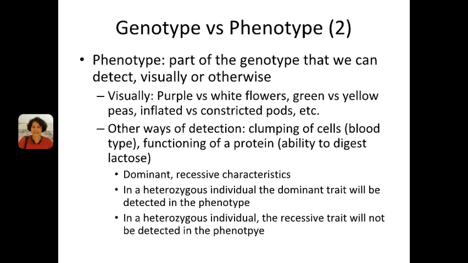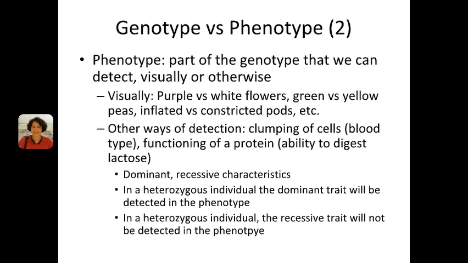But it isn't limited to what you can see with the naked eye. For example, a blood type is also a phenotype, and you can determine that by doing experiments to see which kinds of cells clump with each other. It isn't necessarily directly visible.